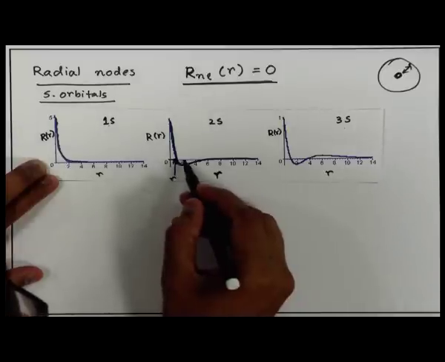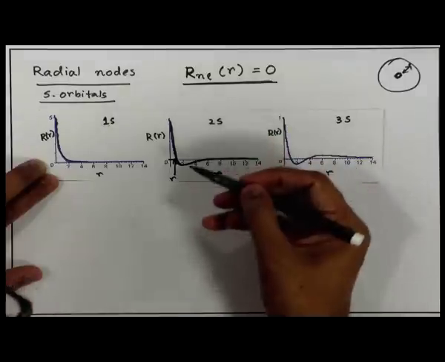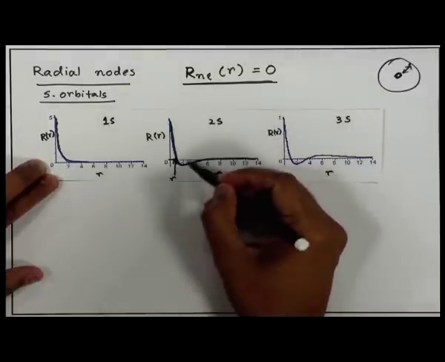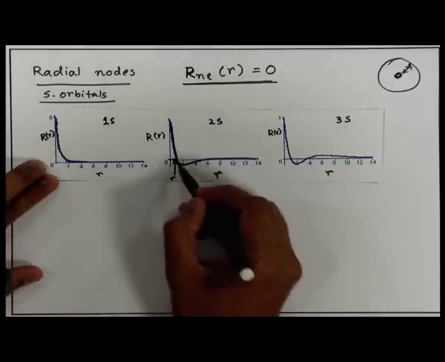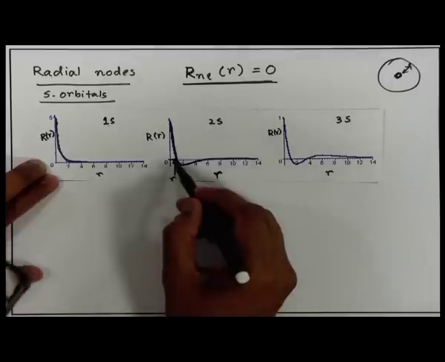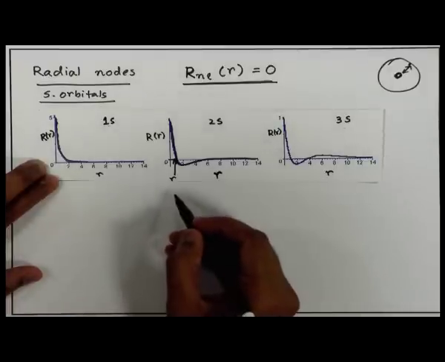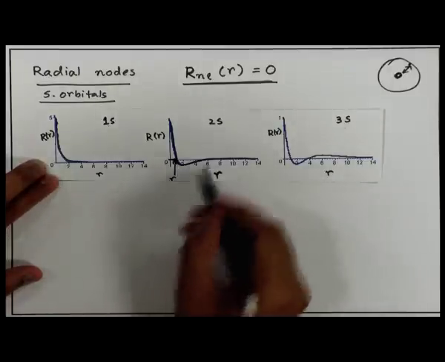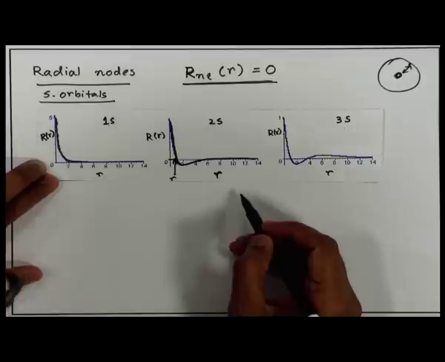But as you go to higher values of r, you see the wave function has some negative value, but when you square it to calculate the probability, of course, it becomes positive. So, at only one value of r, the probability does not exist. Below that value of r, you have the chance of finding the electron, and after that value of r, you again have the chance of finding the electron.